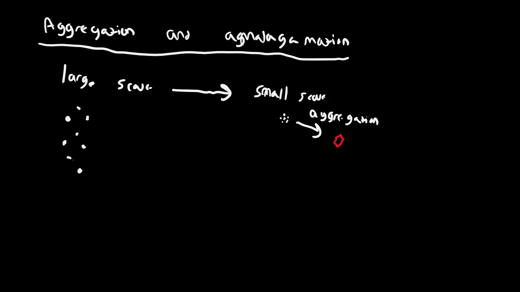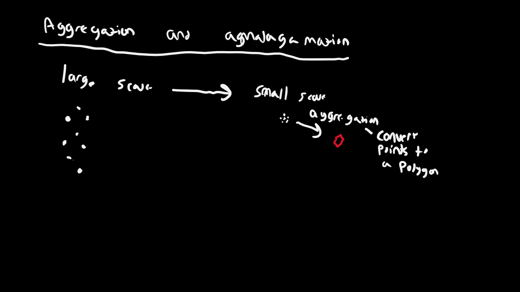So again, the idea with aggregation here is that we convert points to polygon to reduce clutter and congestion, right?